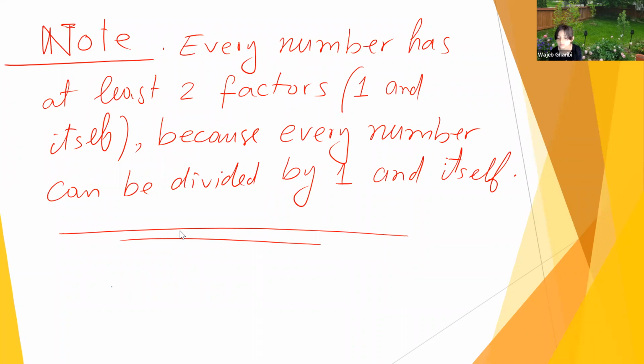And here we give a note that every number greater than 1 has at least 2 factors, 1 and itself, because every number can be divided by 1 and itself.